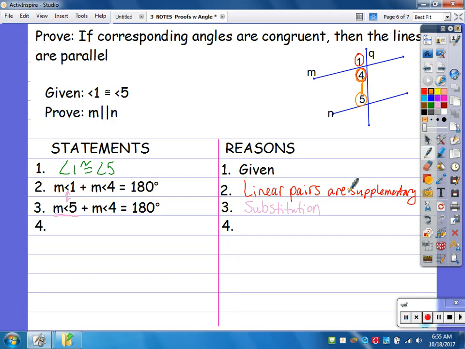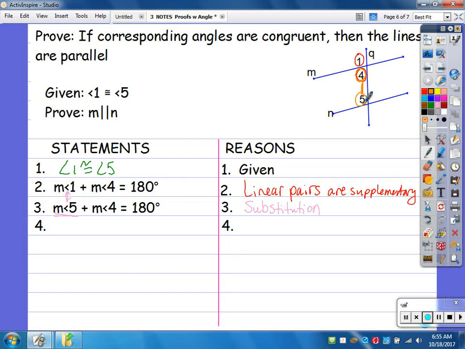So since I wasn't given that the lines are parallel, that's what I'm trying to prove, I can't use that fact. But since I can get to that same statement by substitution, I can use that now.